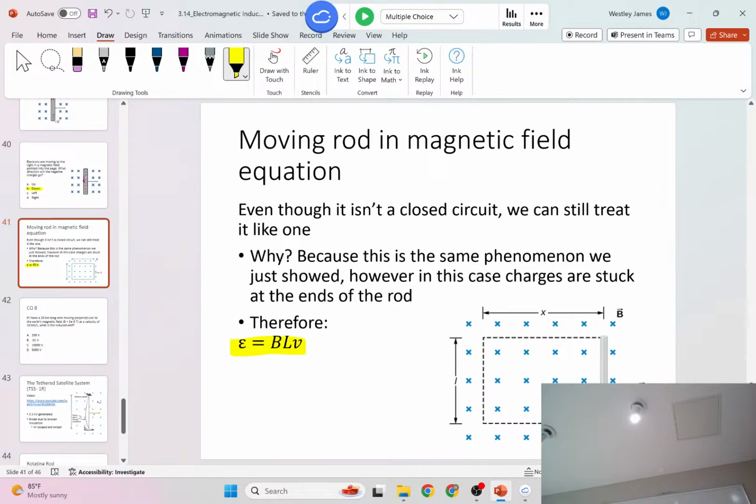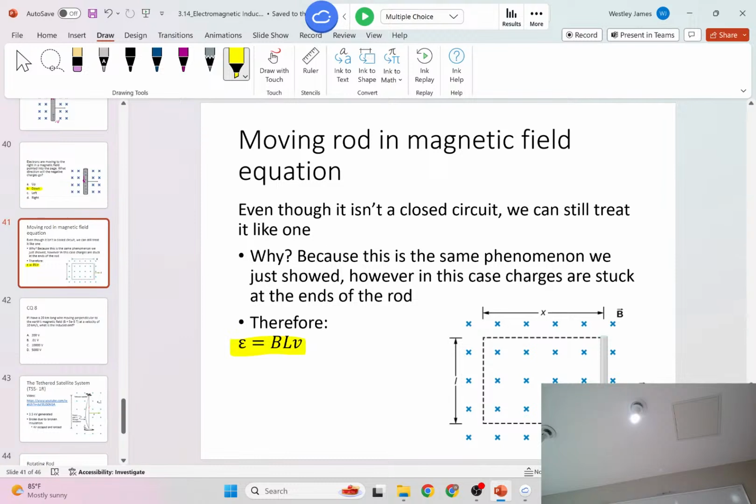And now we get to the fun thing that's really interesting. If only we had a magnetic field all around us. We do. What if we made this wire really, really long and moved it really, really fast? Where would we do that?